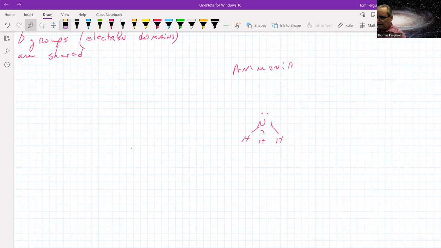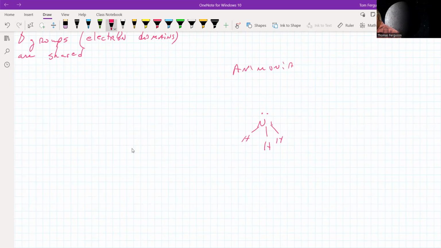So if we look at this guy here now. Now this is a tetrahedral. So we normally think of the angle as being 109.5, assuming all those were equal, like we did with methane. But because we have an electron pair there that's not bonded to anything, its influence is going to be much more appreciated.